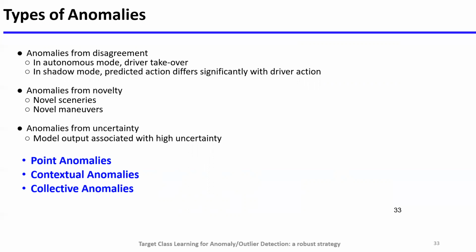Sometimes the anomalies are because of uncertainty over the environment, which we have to handle. And sometimes the anomalies are the result of certain forms of disagreement. We have to accommodate all those situations while handling the anomaly detection task. Here we are focusing on three types of anomalies: the point anomaly, the contextual anomaly, and the collective anomaly.